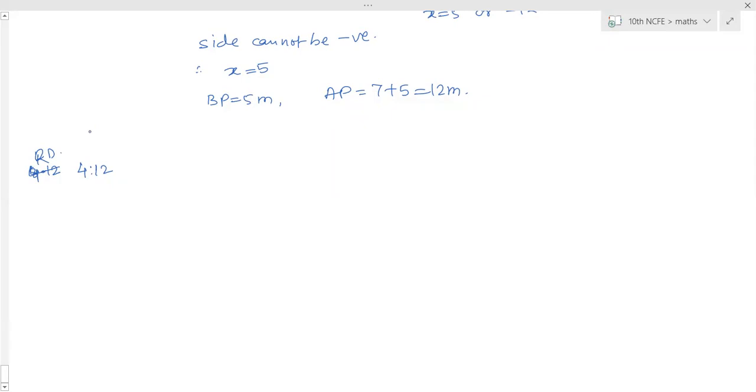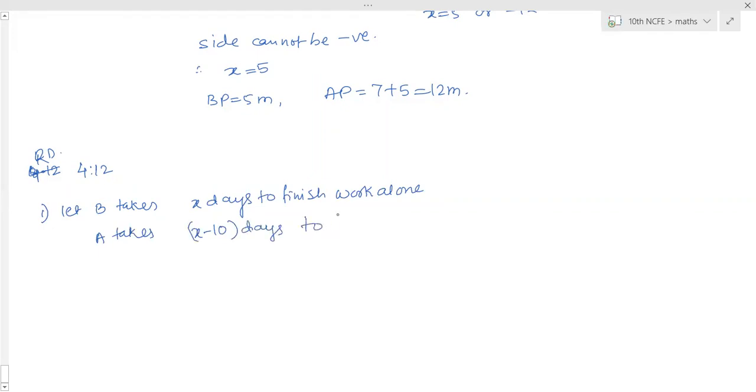So A is taking 10 days less. So again here also for everyone's 1 day's work we have to calculate. For that we will consider: let B take x days to finish the work alone. Then A will take how much time? x minus 10 days to finish the work alone.